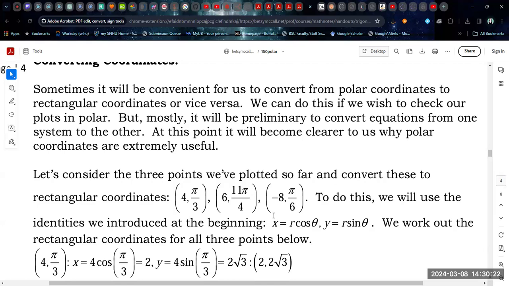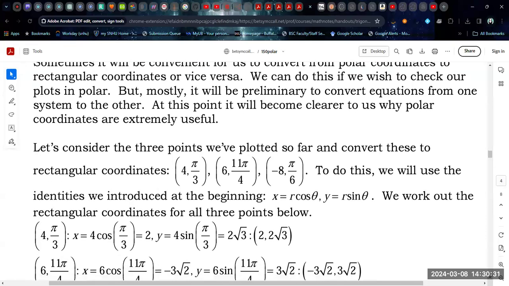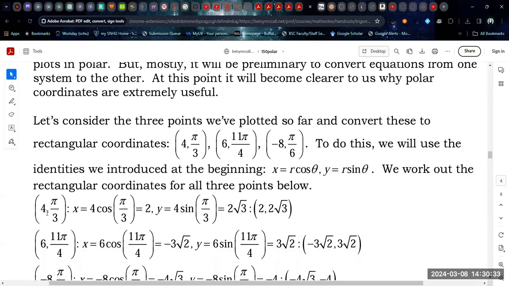So if I'm trying to convert coordinate points back into X and Y, then these are the two formulas that I'm going to need. So in our example, in the point 4, pi over 3, R is 4 and theta is pi over 3. And so I'm going to plug that into my R cosine theta formula to get X.